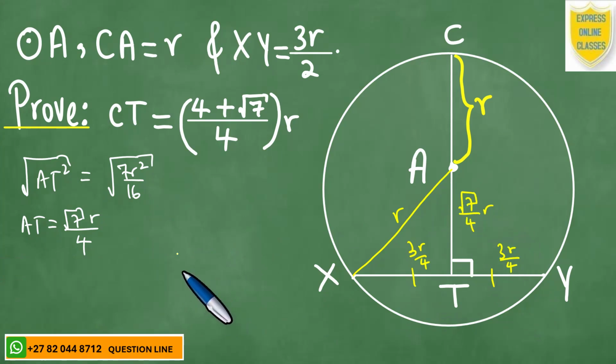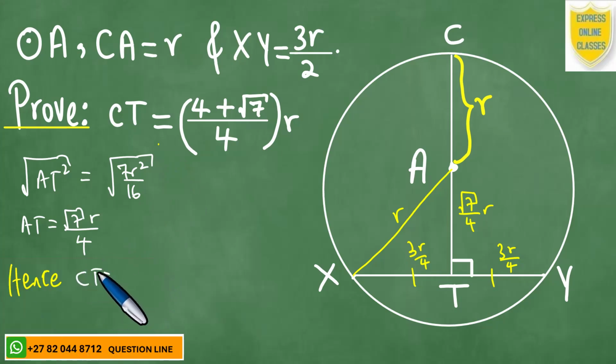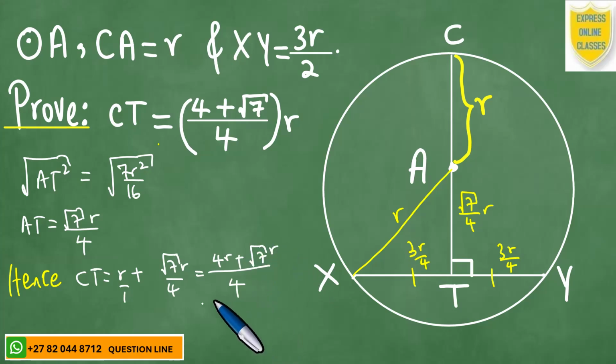With these, we are able to make significant progress, and we can get CT. What is CT? It is exactly r plus the square root of 7r out of 4. If you add this up, 4 divided by 1 is 4r, plus the square root of 7r, all out of 4.